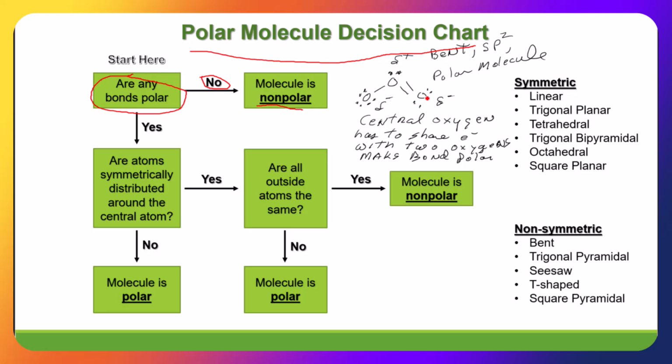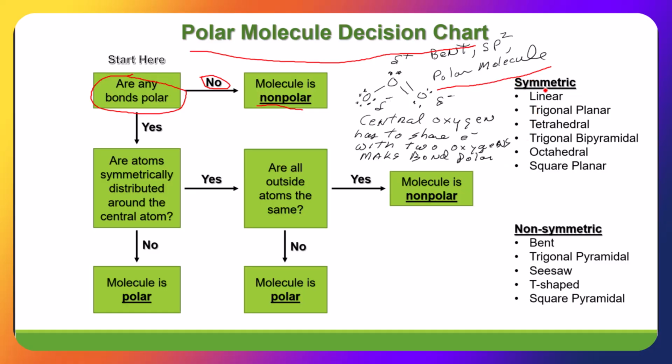So both of these external oxygens are pulling electron density away from the central oxygen, which is creating polarity in this bond. So that's actually making the bond polar, and it's a bent molecule. It's trigonal planar electron geometry, but bent molecular geometry. And so with the two oxygens, it makes the bonds polar, and the bonds can't cancel each other. So this is a polar molecule.